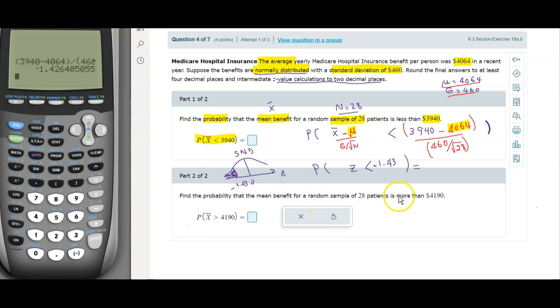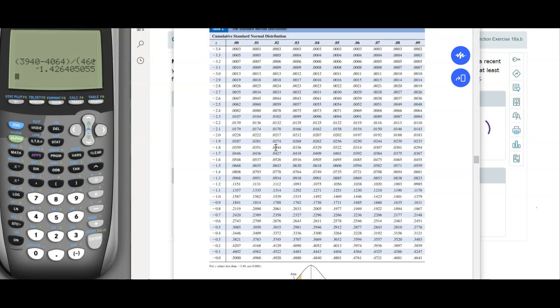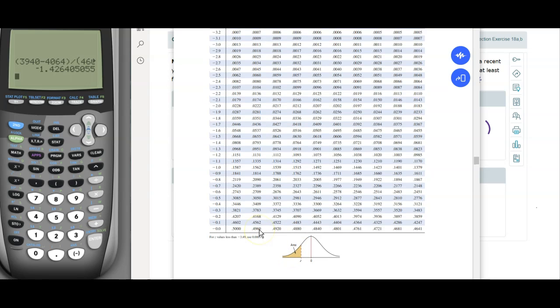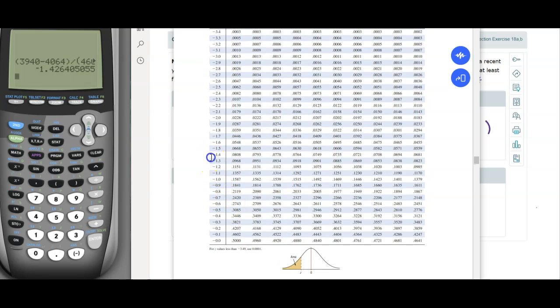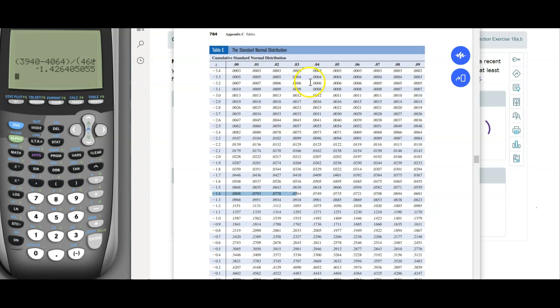Okay. So then I'm going to use my z table. I'm going to look for minus 1.43 negative, and it is a small tail, as you see it here, small tail. So minus 1.4 is going to be this line over here, and 3 is going to be this column over here.